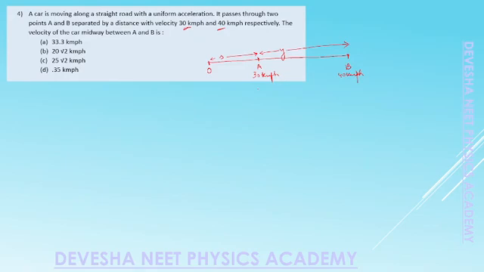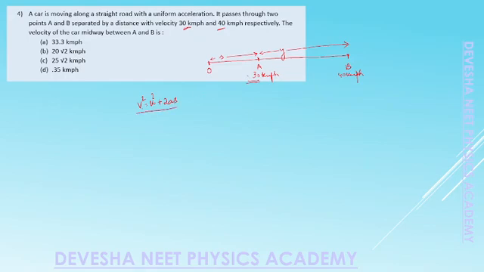So to attain 30 kmph, let's see what it takes. We know that V square is equal to U square plus 2AS. We know this formula already.